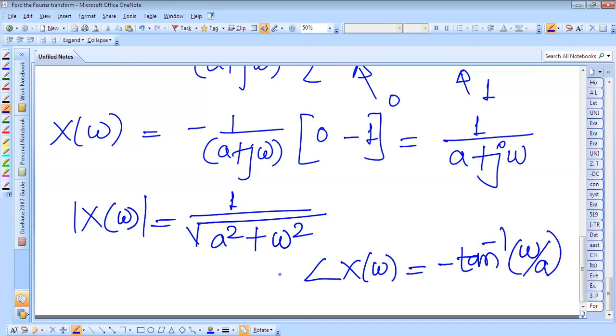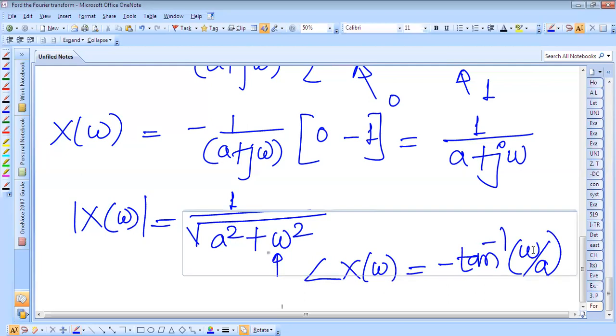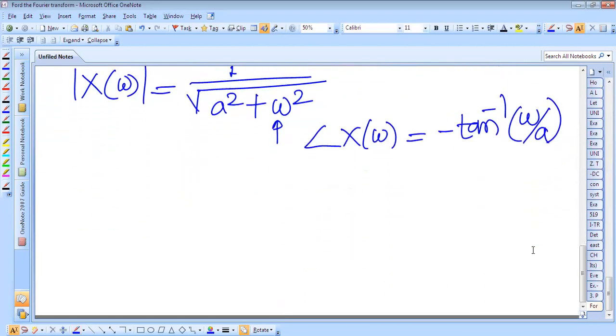So if you put values of different frequency in this, we will get the different magnitude of this function, and if you substitute different frequency, we'll get the different angles. So we'll find first the magnitude plot.